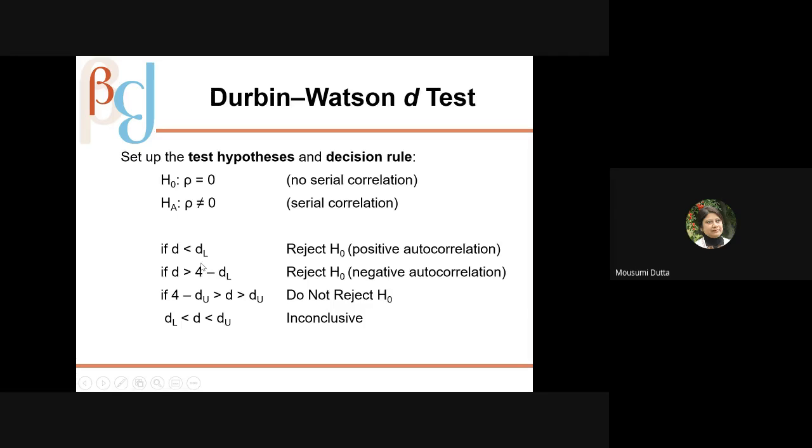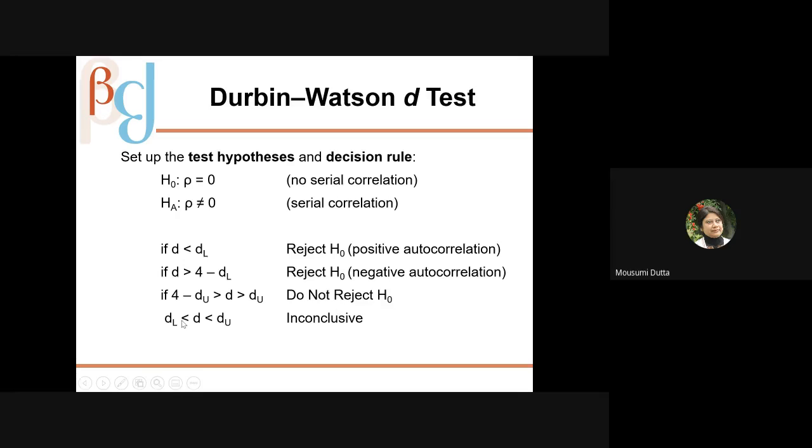If D is less than DL, we reject H0. So for these two regions we reject H0, and for this one we do not reject H0. And this is very important.